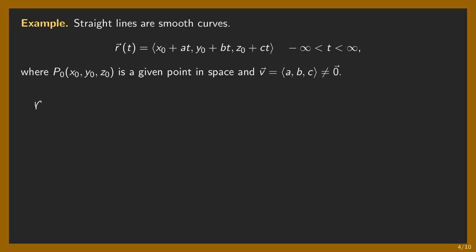Secondly, if I take the derivative r prime of t, the derivative is just a constant vector a, b, c, and this derivative cannot be 0 because the direction vector of a line cannot be 0. This is why straight lines are considered smooth: the derivative exists, is continuous, in fact constant, and is not zero.